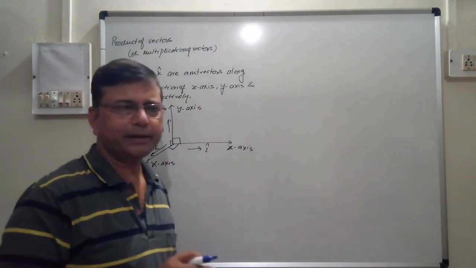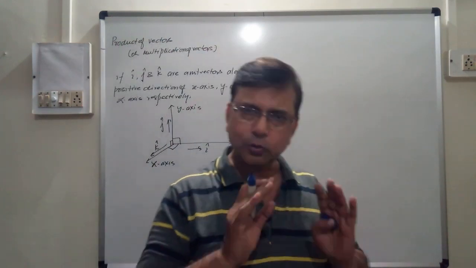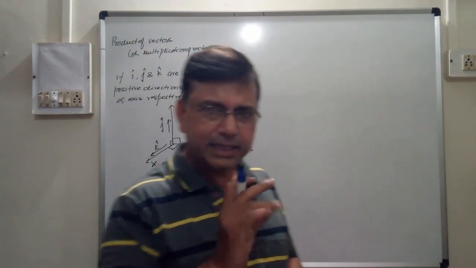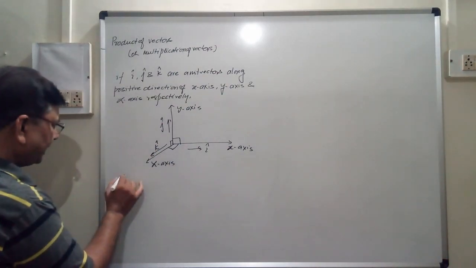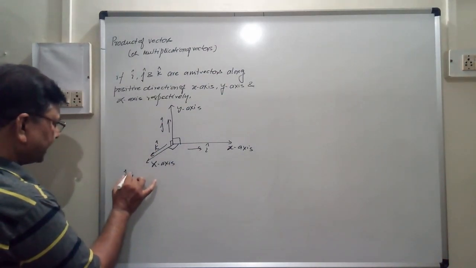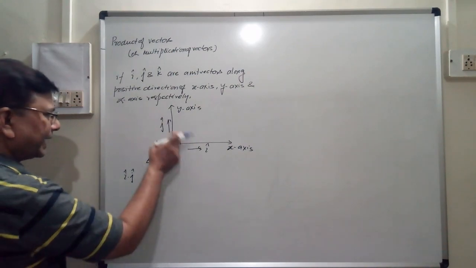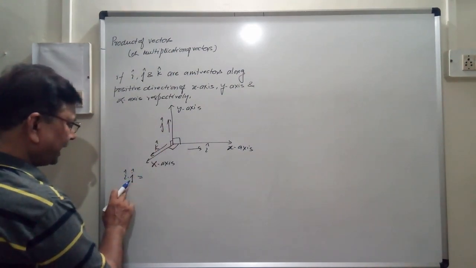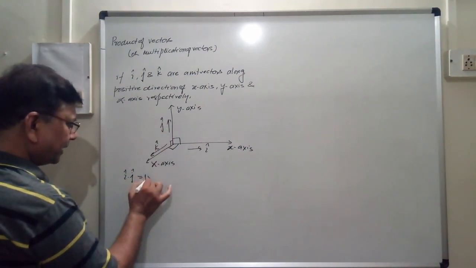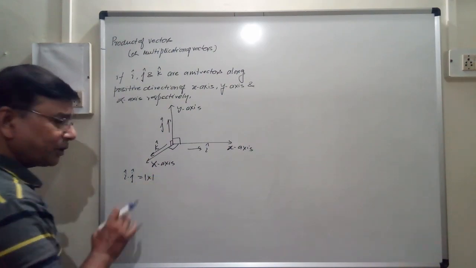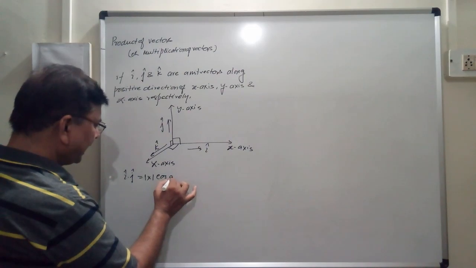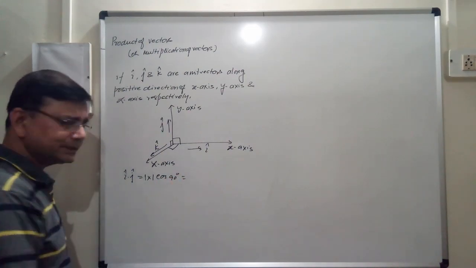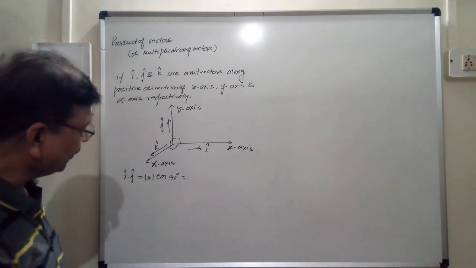Now we will look at the dot product and cross product of these unit vectors. So very simple, I dot J, it is 90 degree. So magnitude of I is 1, magnitude of J is 1 because they are unit vectors, and cos 90 degree is 0.